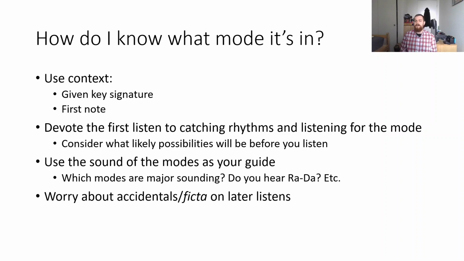Okay? And that's really it. So there's a couple ways to figure out what mode it's in. And it's not as simple or as immediate as with a tonal dictation. So in this case, use the given key signature and the first note for context. So if your first note is, say, a G, and you have an empty key signature, that narrows it down a bit.